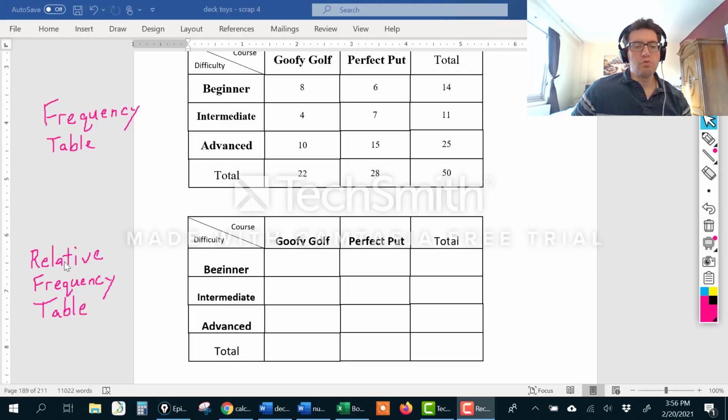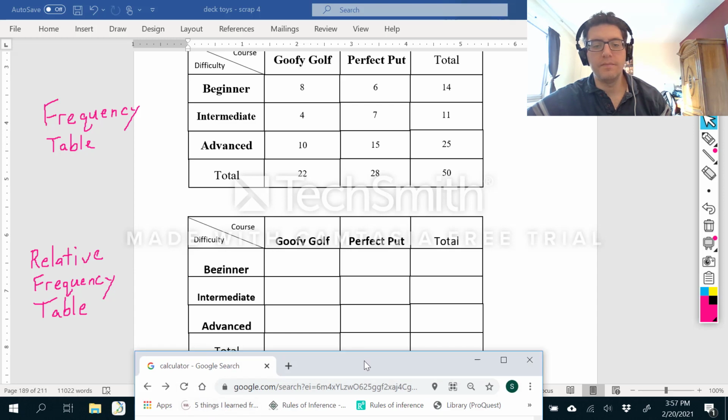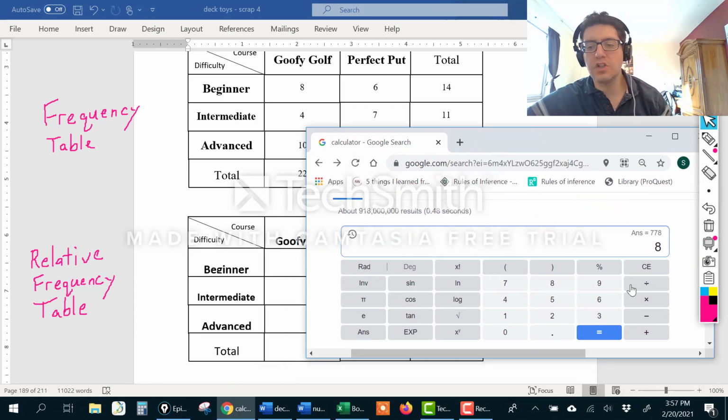Now, when we do relative frequencies, we're comparing the frequencies to the grand total. So, for example, I know that 8 of the holes were beginner holes at the Goofy Golf course, and there were 50 holes all together. So if I do 8 divided by 50, actually there's an easy way to do that.